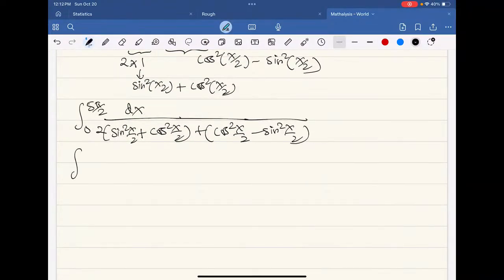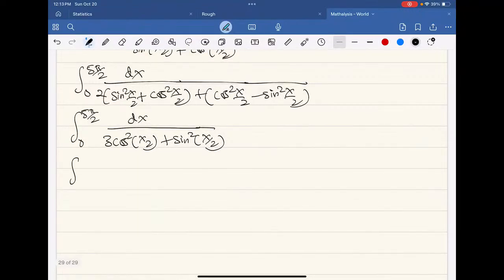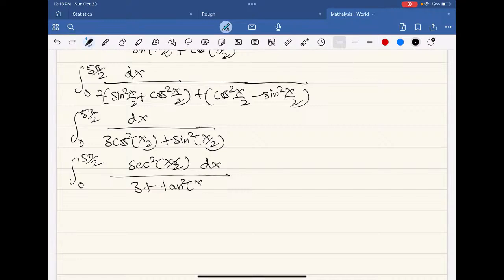Now this one is the integral from 0 to 5 pi by 2 of dx by 3 cos square x by 2 plus sin square x by 2, right? Now if we divide both numerator and denominator by cos square x by 2, that will be sec square x by 2 dx by 3 plus tan square x by 2, right?